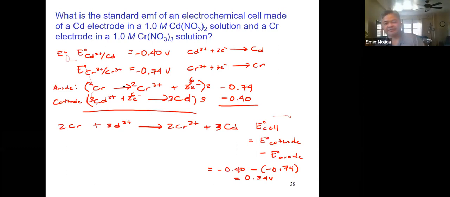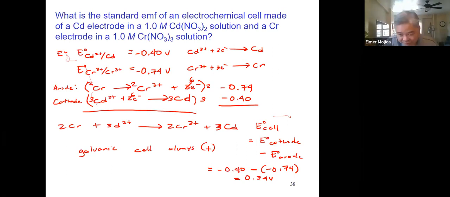Now, when can you do this thing? When you have a galvanic cell. And when you have a galvanic cell, your cell potential will always be positive. You cannot do this approach if you're given a certain equation. If you're given a certain equation, you follow the given equation, which was oxidized and which was reduced.